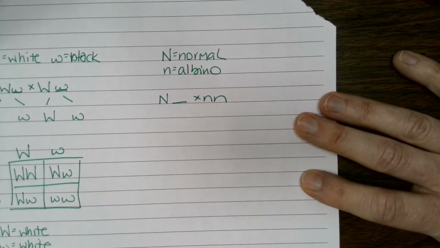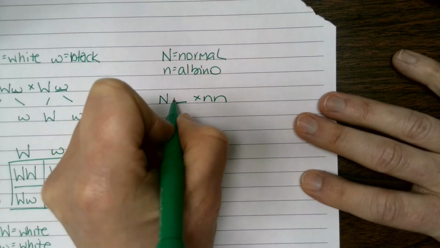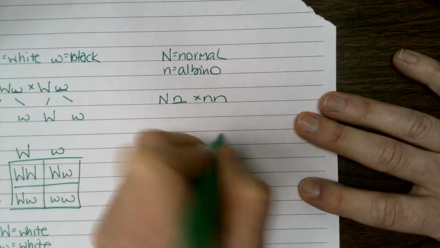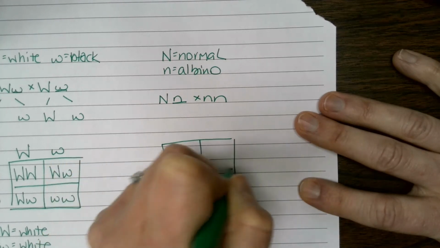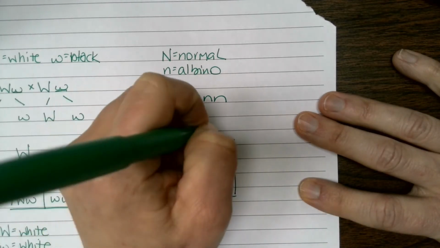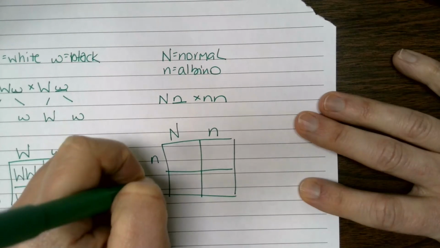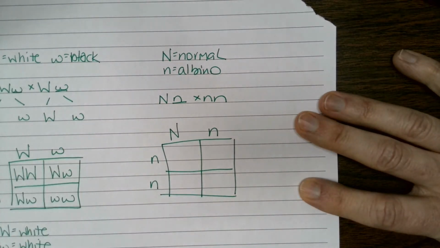The next sentence says their first child is an albino. So that means that the man's second allele is going to have to be recessive. Then when we plug that into a Punnett square, and again, when we know male versus female, male alleles go along the top and female on the side. It then asks, what are the genotypes of these three people?